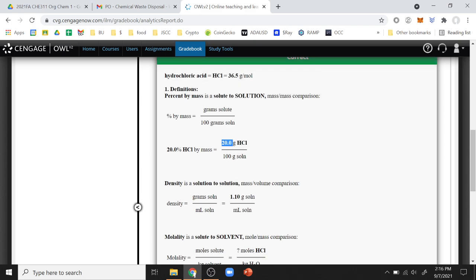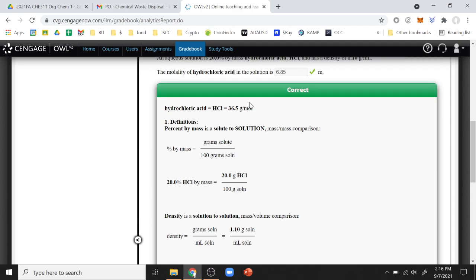20 grams. Well, wait. There's something that we know can convert between mass and moles, or vice versa. And that would be the molecular weight. So you look up your periodic table, and you go H, that's a 1, Cl, that's a 35.5, and so the total molecular weight of HCl is 36.5 grams per mole.